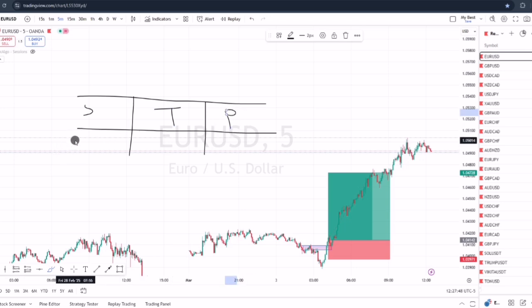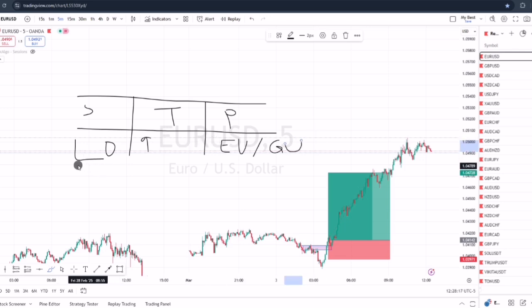So let's say under the session you have London opening, and that is 9 a.m. GMT+2. That is where you trade EUR/USD and maybe GBP/USD. You will see the other pairs in the PDF.